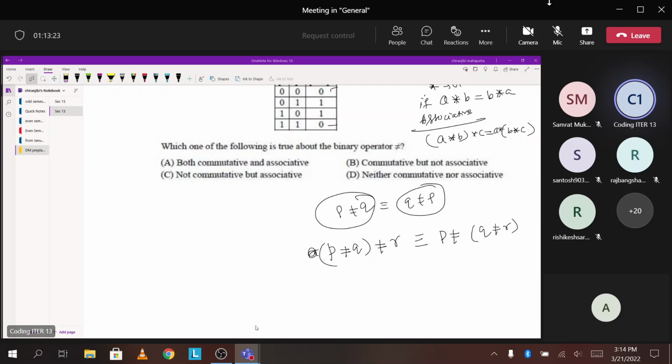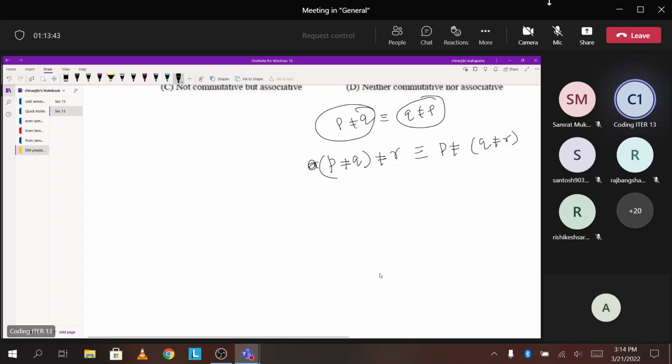You can take the truth table, or simply think logically that P not equals to Q and not equals to R is also equivalent, so that will be true, both will be true. So if you want to check it, then you can use any truth table.